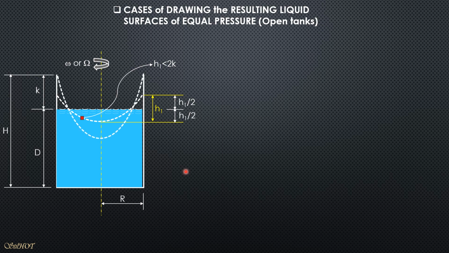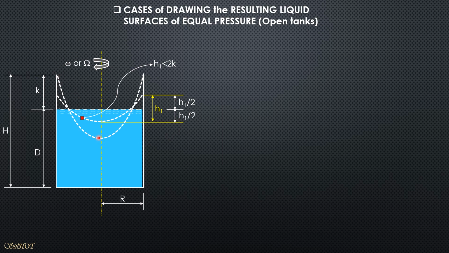Then this is the situation when the parabolic surface just touches the top rim. That's the maximum. This is the surface with the maximum height allowed without spilling any liquid. Beyond that, a certain amount of liquid will be spilled.